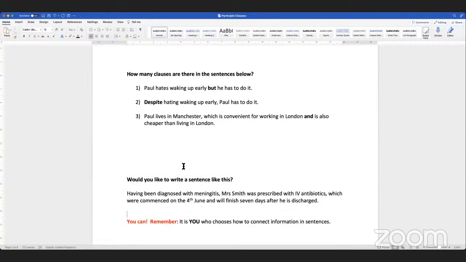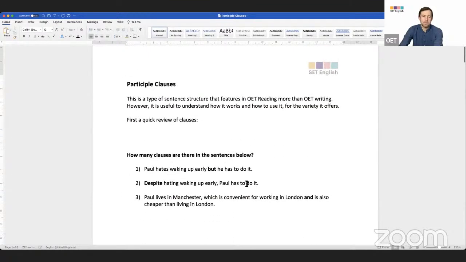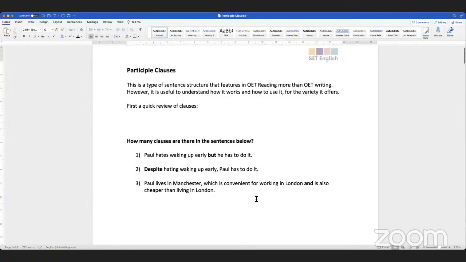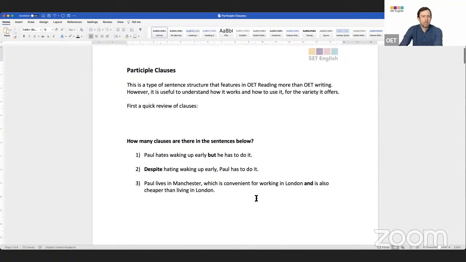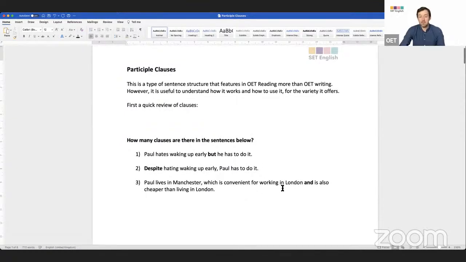Paul, I have a question. Oh yeah, go on, Safi. Regarding the relative clause in the last sentence, can we connect the two last clauses with which again, instead of and? Yeah, you can, but why would you do it? It's strange.